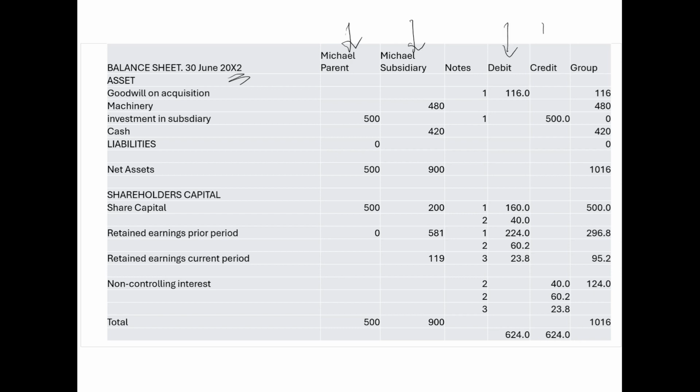In our first adjustment, we eliminated the investment. So that's 500 million. We eliminated it against the share capital of Michael's subsidiary, but Michael had only 80% of acquisition there. So we eliminated only 160, not 200.